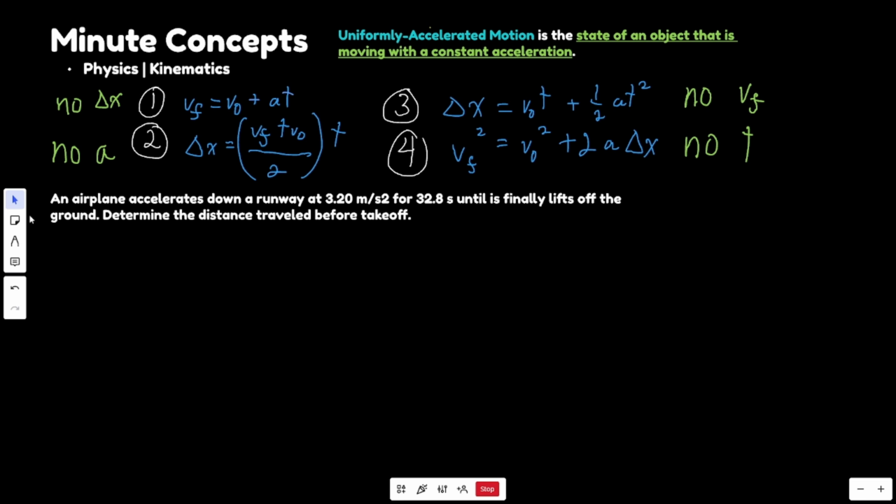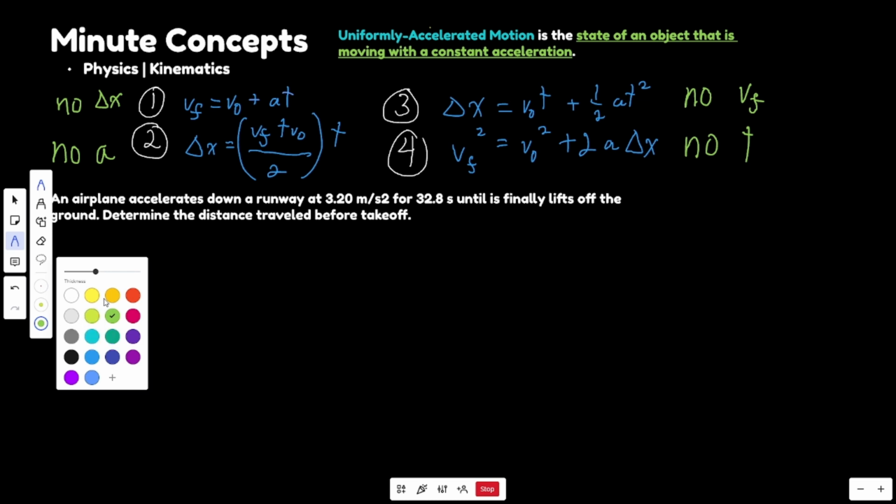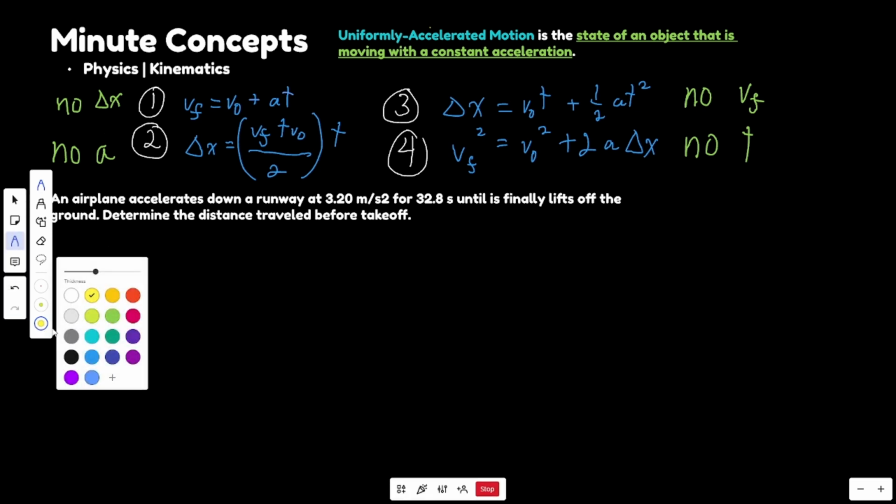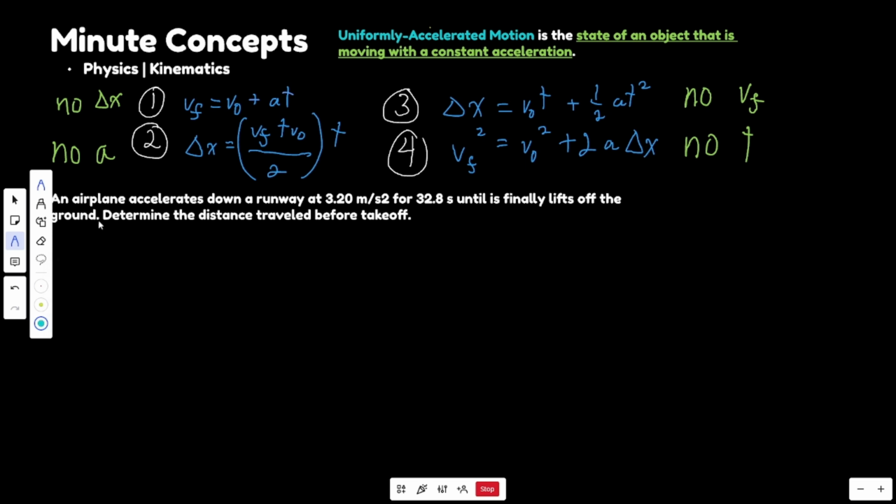An airplane accelerates down a runway at 3.20 meters per second squared for 32.8 seconds until it finally lifts off the ground. Determine the distance traveled before takeoff. Okay, so now we have to isolate first our given values. In order to figure out the given values, we need to list them down one by one.